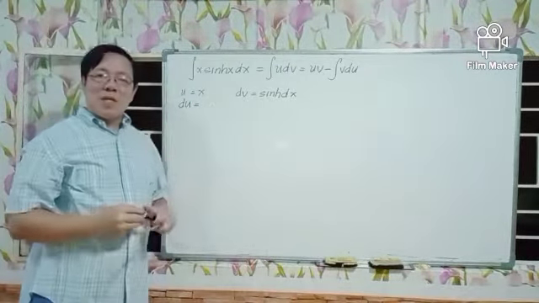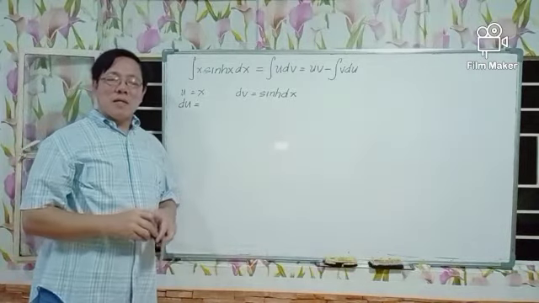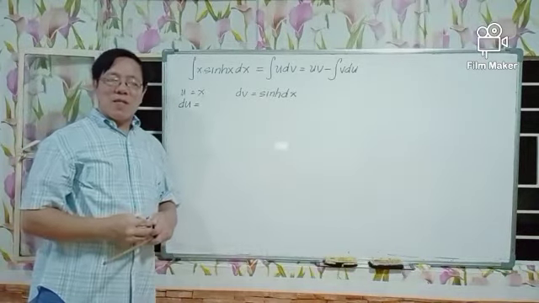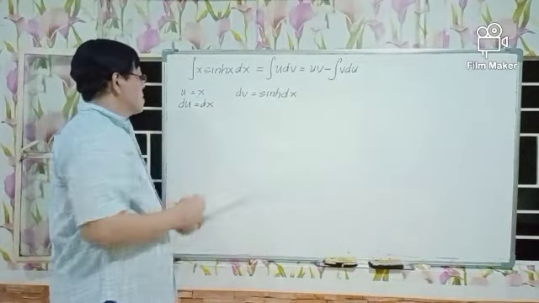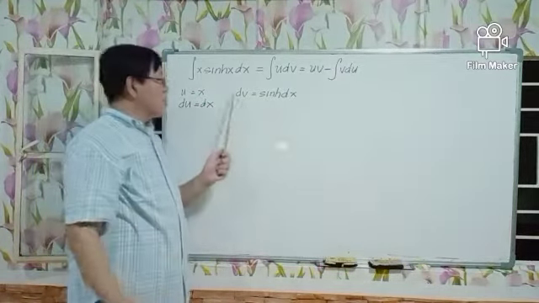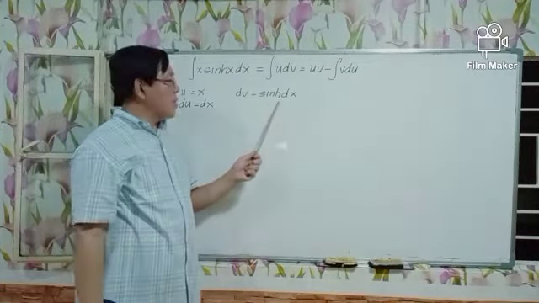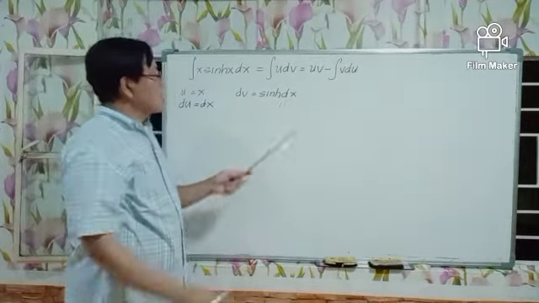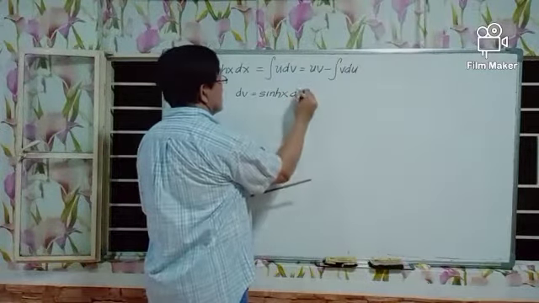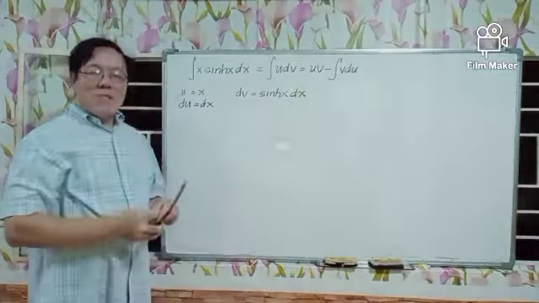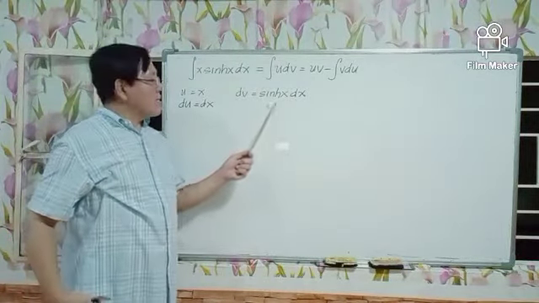And we differentiate x with respect to x. Its derivative is 1 multiplied by dx equals dx. From this equation, dv equals hyperbolic sine of x dx.